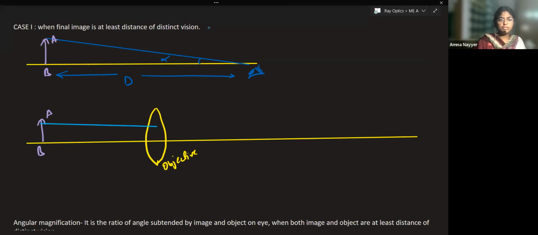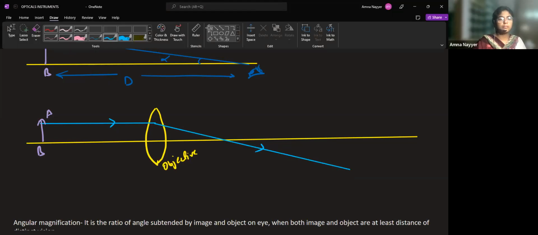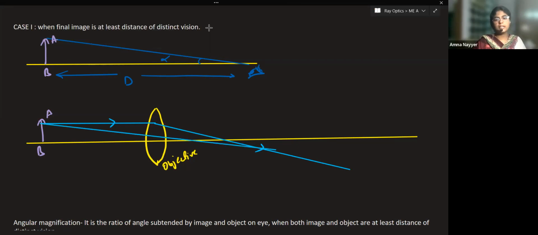Firstly, it will pass straight away. It will get refracted. Right? And the second will pass through the optical center.